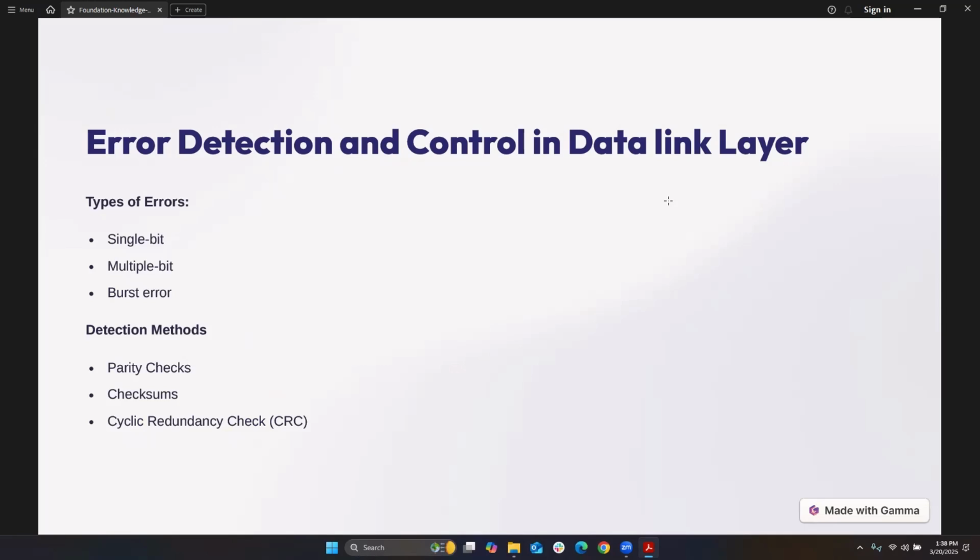Error detection methods ensure that the data is accurate and reliable. The data link layer uses error detection techniques such as parity checks. It is a simple error detection method where a parity bit is added to check whether the number of ones is odd or even. The other one is a checksum, which is a mathematical addition.